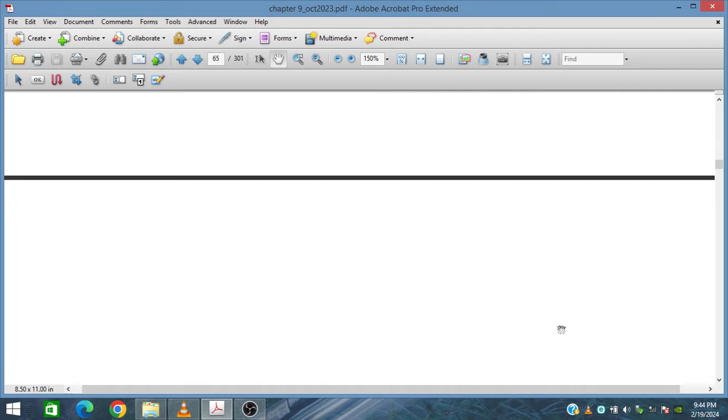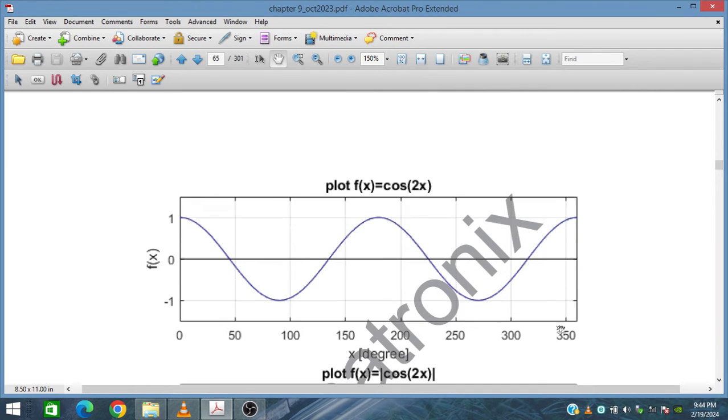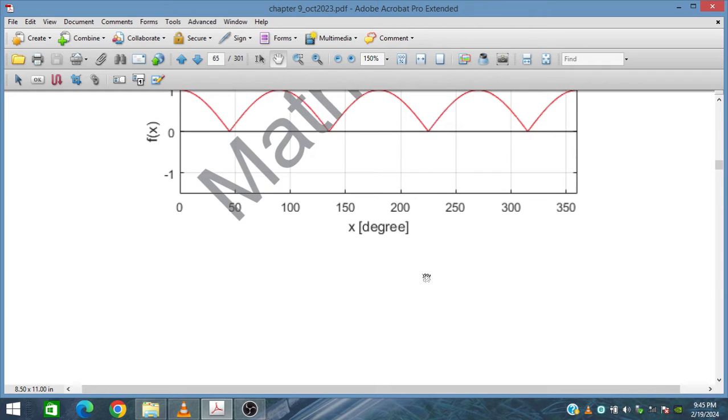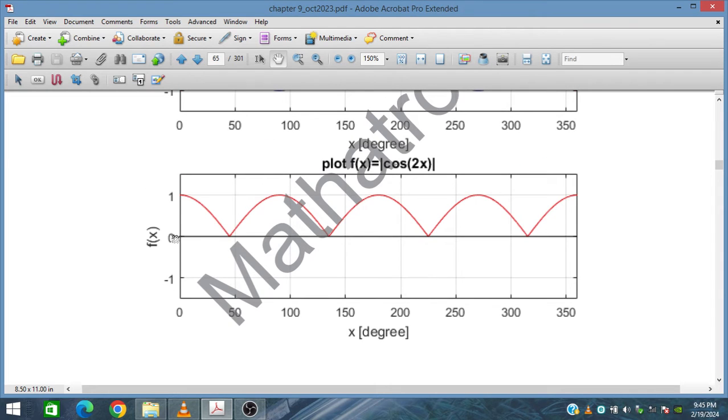In the second part, we have cos 2x. This is plotted between these, and for the modulus value, this negative part will become positive, like this. So positive will be positive, and the negative part will appear as positive. So this is cos 2x, and its range can be seen as 0 to 1.